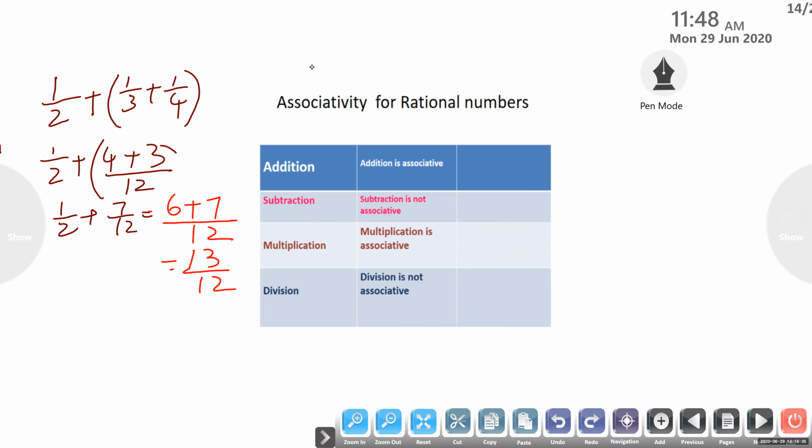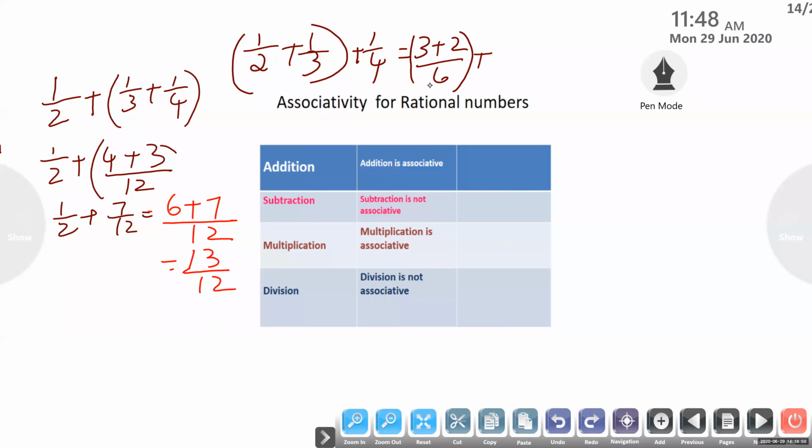Okay, now we will find 1 by 2 plus 1 by 3, plus 1 by 4. So this is equal to 3 plus 2 by 6 plus 1 by 4. So 3 plus 2 is 5 by 6 plus 1 by 4.